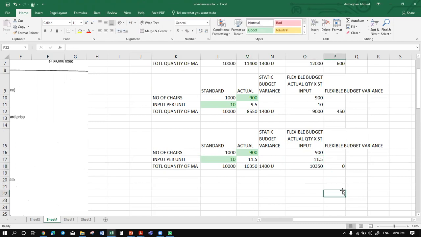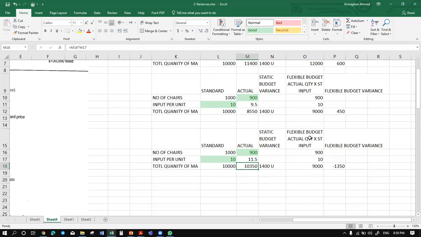So in this case, 900 into 10, same. The flexible budget is 9,000, but actually we use 10,350, right? So here we can see that we are not performing well. It is unfavorable.